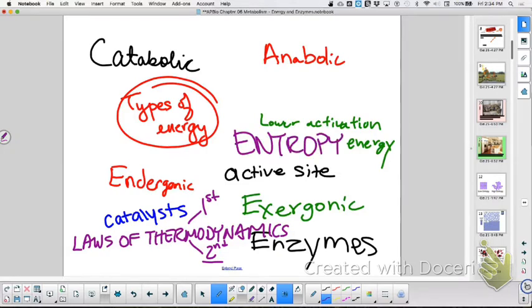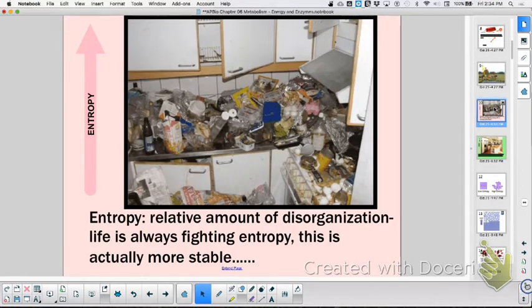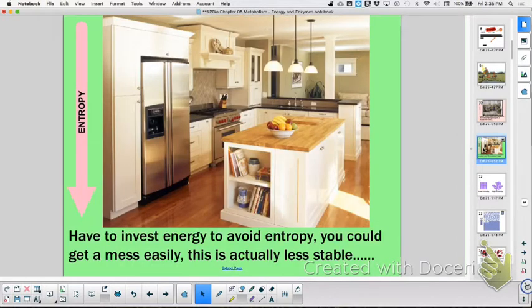Entropy would be another word, and that measures the level of disorganization. So when we look at this, we say this has a high level of entropy, a high level of disorganization, but it's very what? Stable. And the reason why it's stable is it really can't what? It can't change, but you can't do much with it. Whereas the opposite, low entropy, has a lot of order, but it's not as stable.